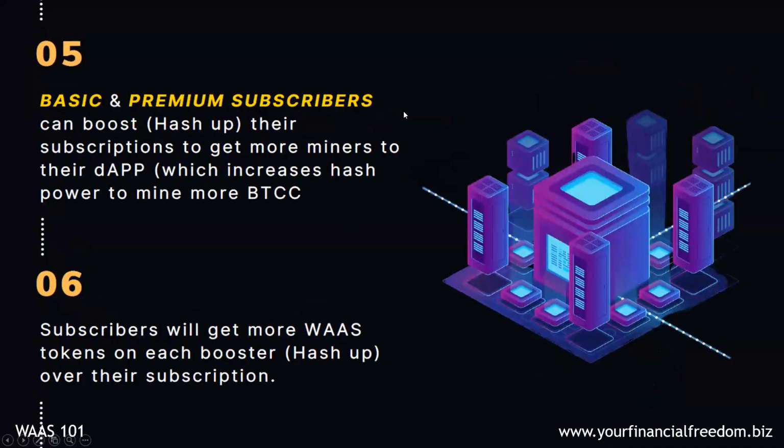Now, basic and premium subscribers can boost or hash up, okay? Subscribers subscribing to get more miners will increase hash power and mine more BTC. So the more you hash up, the more mining power you have, and the more BTCs you'll mine.